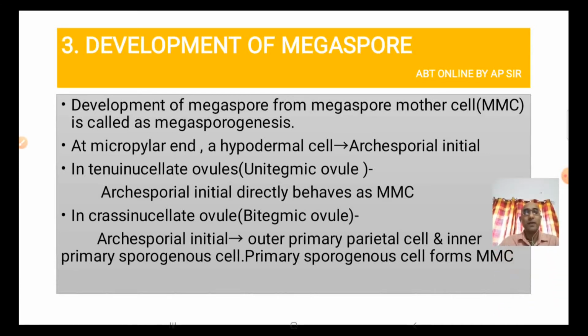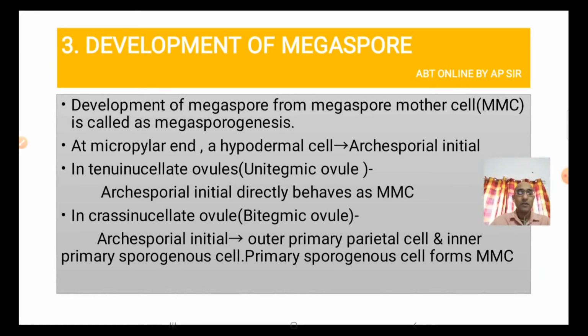Now, the outer primary parietal cell divides further, as a result of which the primary sporogenous cell gets deep seated in the nucellar tissue. Such ovules are called crassinucellate ovules.